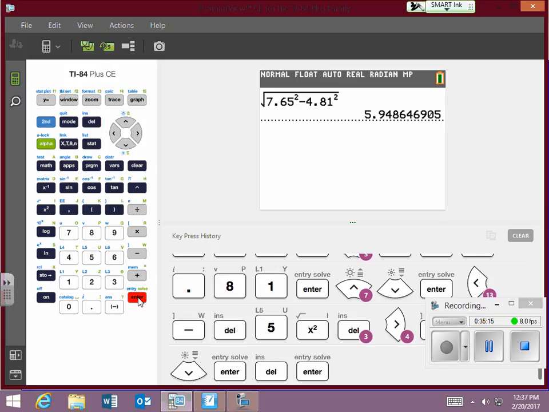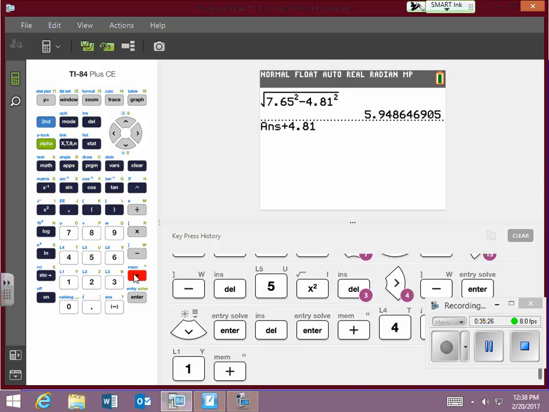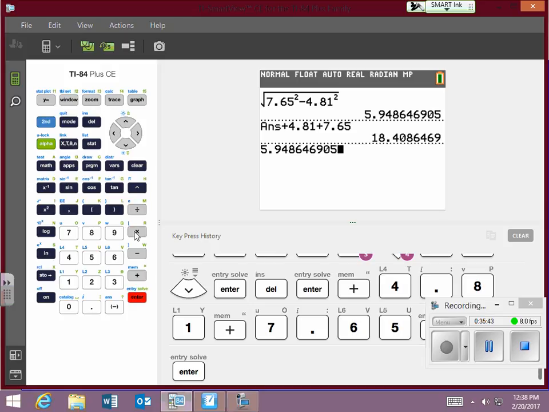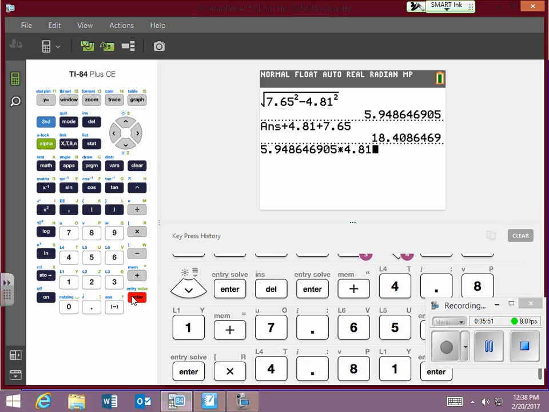So then that's A. Then the perimeter is going to be that thing plus 4.81 plus 7.65. And then the area should be this one times the 4.81. Is that right?